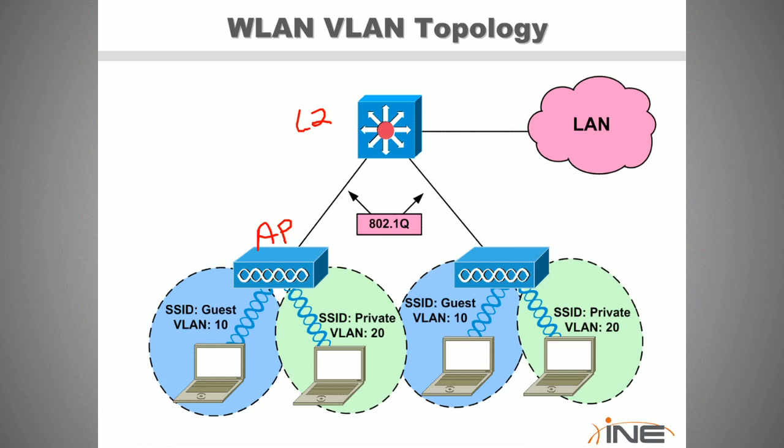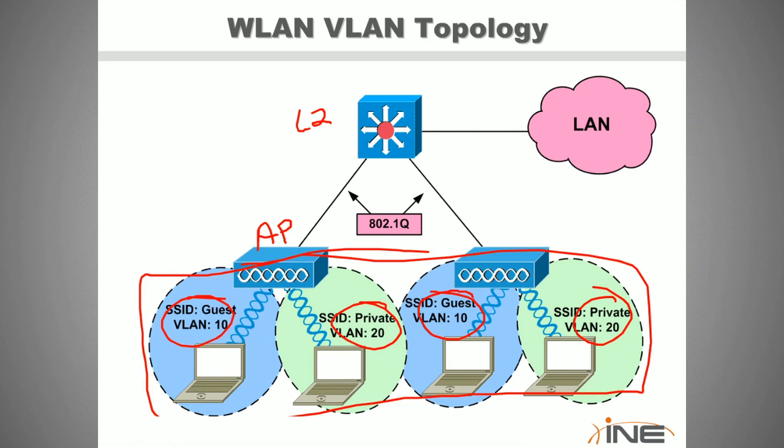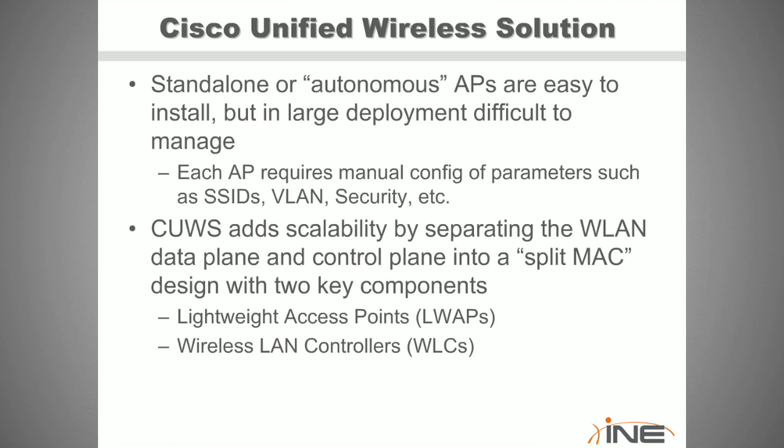So people in SSID guest for VLAN 10 would be in the same IP subnet, same as the SSID private. But all four of the clients here, technically they're all still in the same collision domain, they're all still in the same broadcast domain.